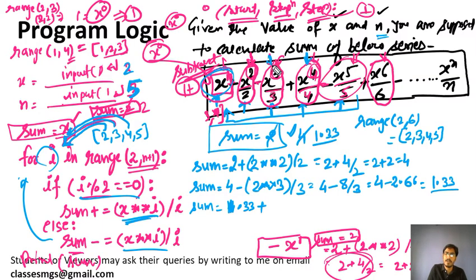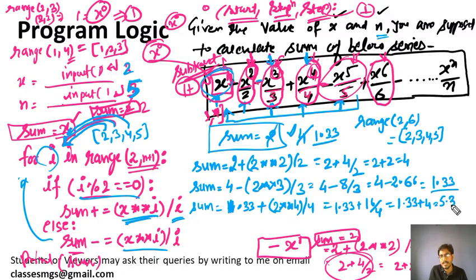If the power of x is an odd number, then we are subtracting, as per our question. So plus 2 double star 4 divided by 4. Then 1.33 plus 2 raised to power 4, which is 16, 16 divided by 4 is 4, so 1.33 plus 4 is 5.33. This is how this will be executed.